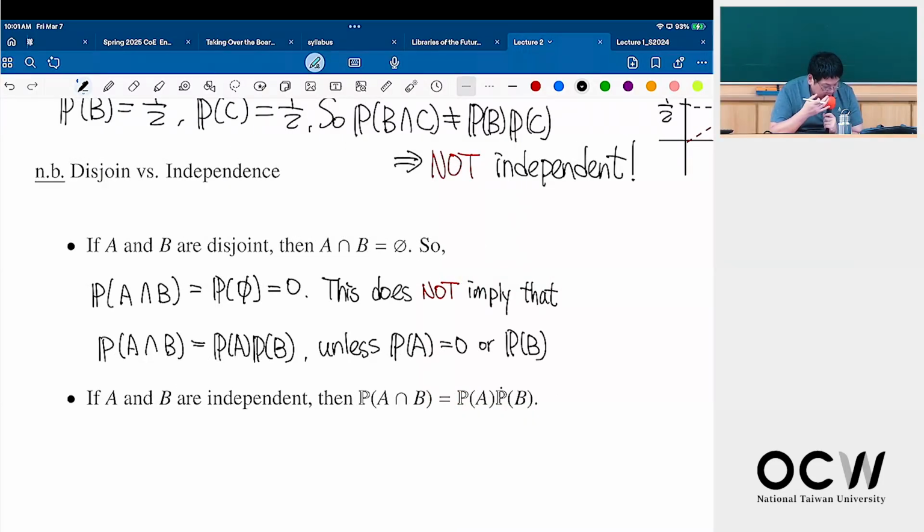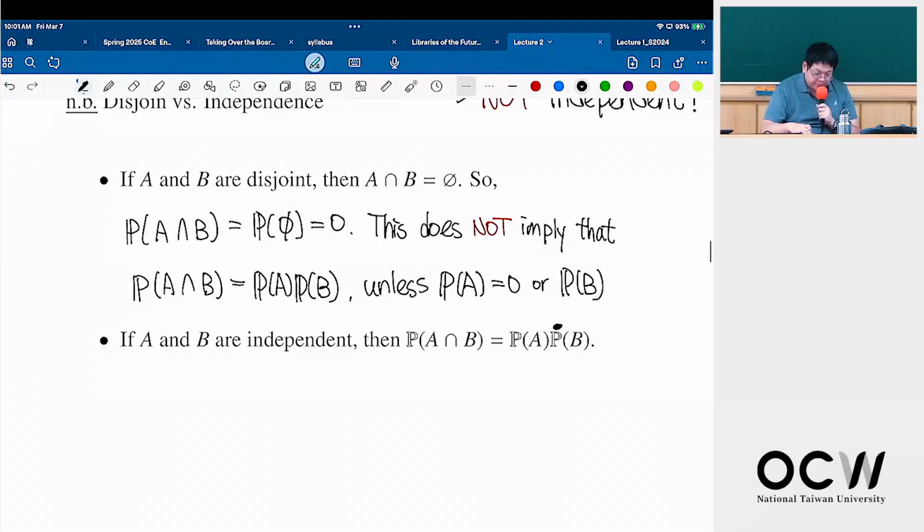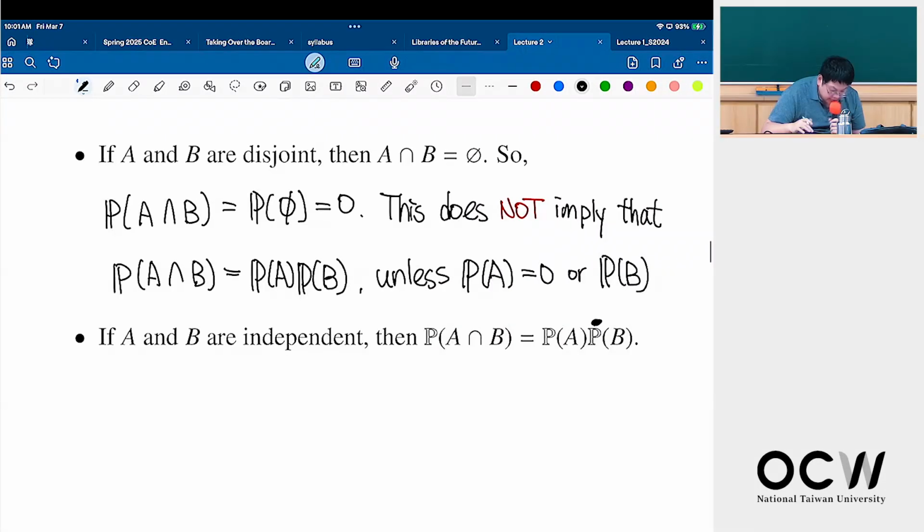And if we say A and B are independent, this also does not imply probability of A intersect B is 0.